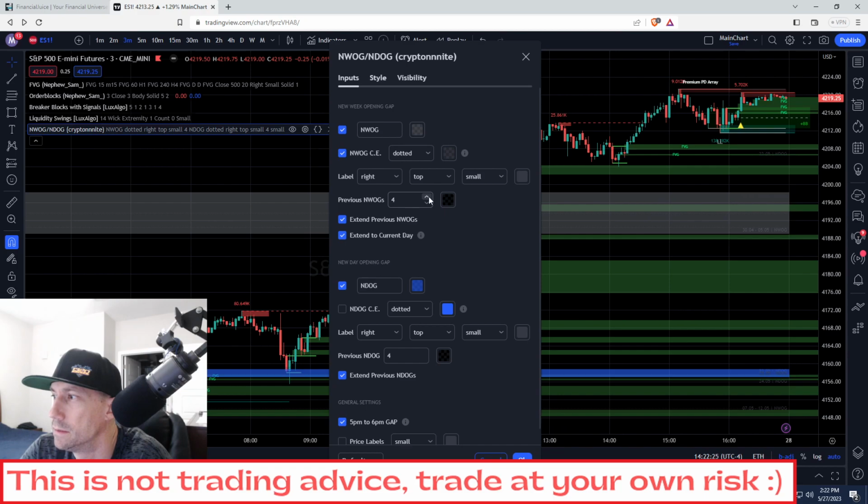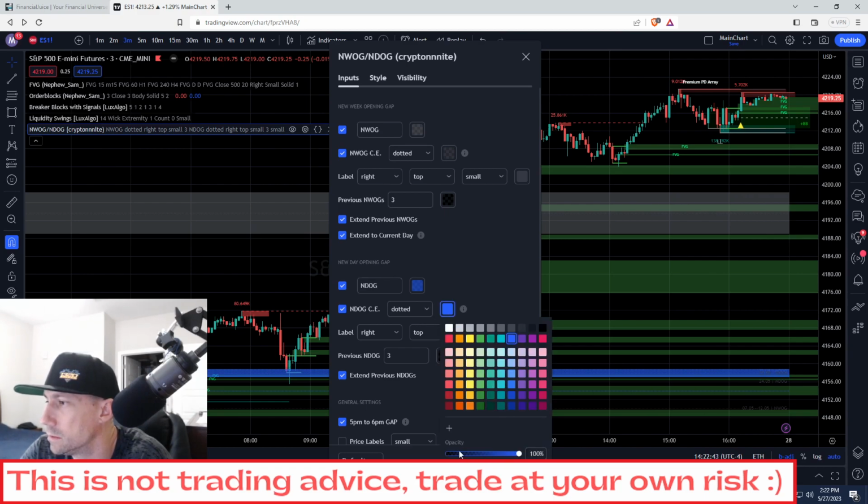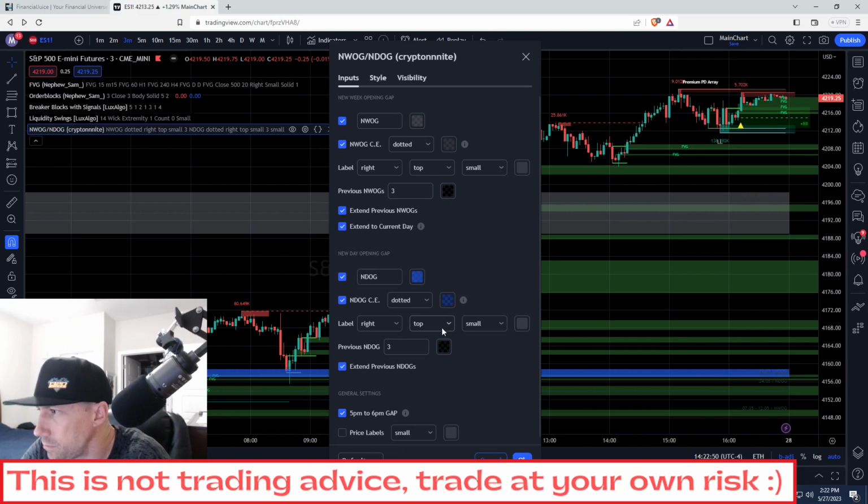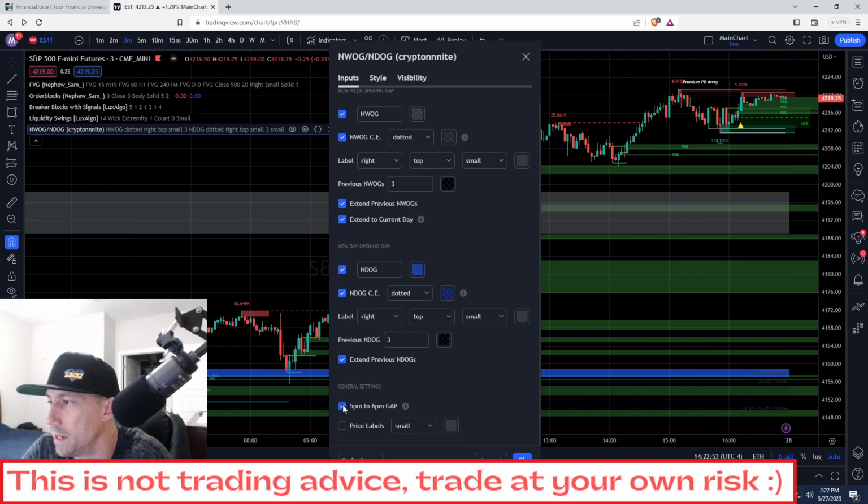ICT says 3 for the day actually, so 3 for the day, and we'll just go 3-3 like that. New day opening gap, and I could do that as well and put that at a lighter color. Wait, it didn't move. I don't know what that is. Extend previous new day opening gaps, and then 5 p.m. to 6 p.m. gap is what the time frame is.